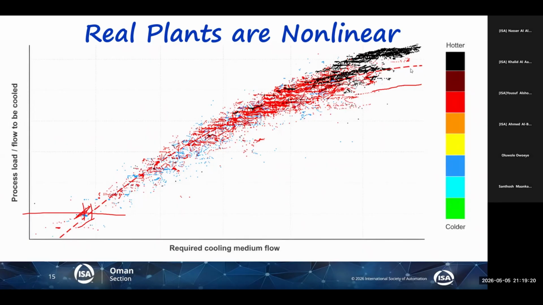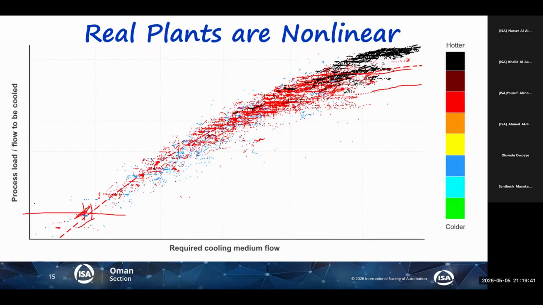But over here, it's very clear that for the same load, how much cooling medium is required is different. So it's clear that the gain is changing. It's a known limitation in advanced process control.